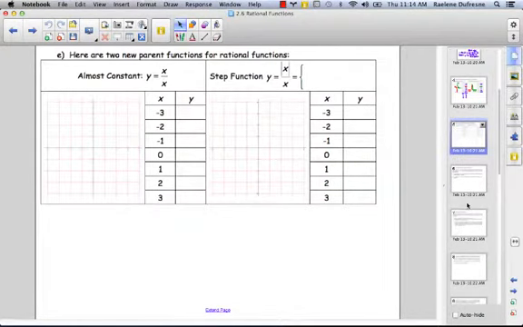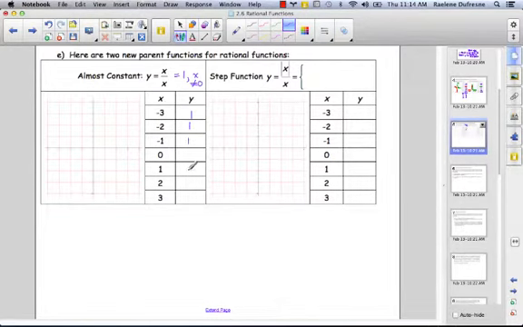Let's take a look at two rational functions that don't have vertical asymptotes but still have discontinuities. The almost constant function, or the basic removable discontinuity, is y equal to x over x. Of course, we can rewrite this as y equal to 1 as long as x is not equal to 0. So no matter what x is, as long as it's not 0, y will be 1.